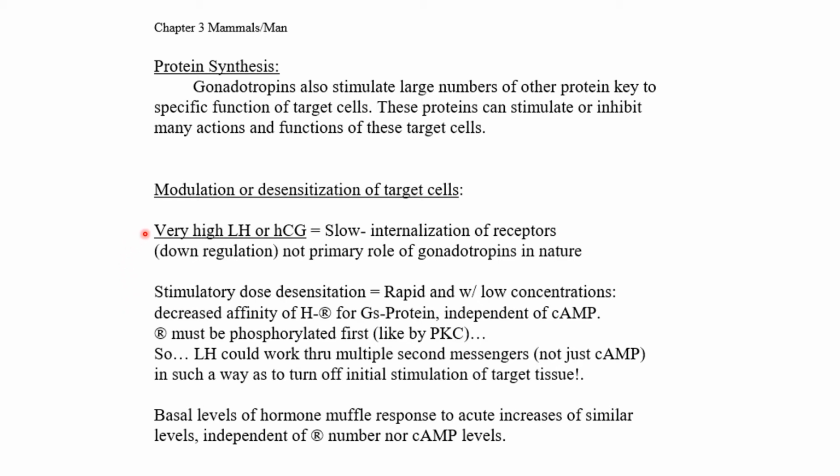So this level here would be even higher than an LH surge. Okay, this might be 2 LH surges. So we got very high, we got the normal stimulatory doses, and then we got the basal levels, which kind of keep things in check and don't let little increases in hormone cause a main effect. So we need a stimulatory dose, not just a doubling of the basal levels. So I hope that makes some sense to you. Okay?